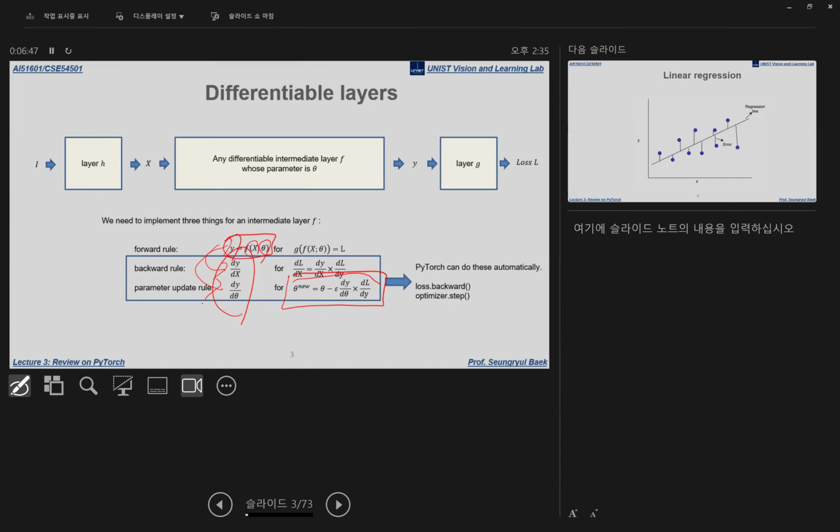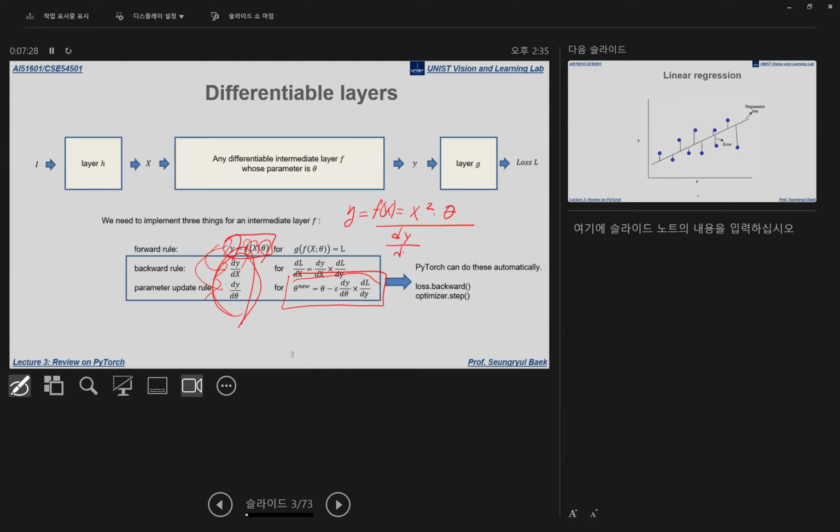The difficult thing is that dy/dx and dy/dθ always change whenever the forward function f changes. For example, when f is just like this, which is the simplest form, y is equal to f(x), and the function is this.